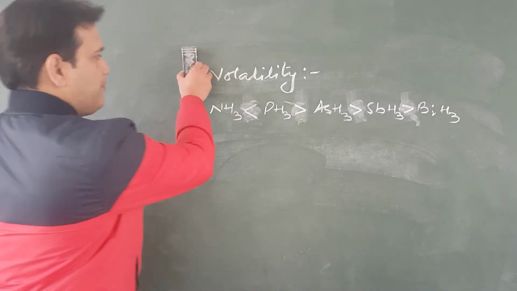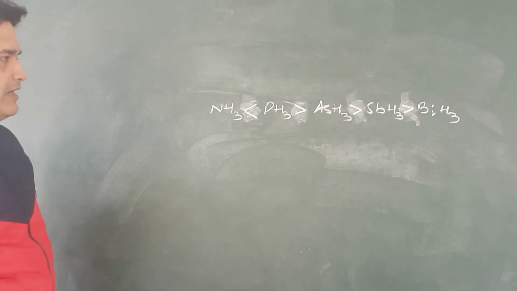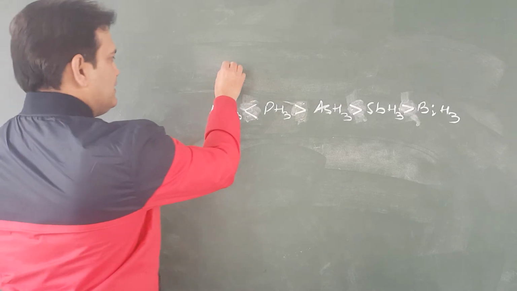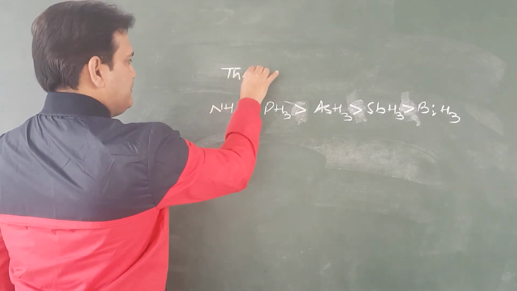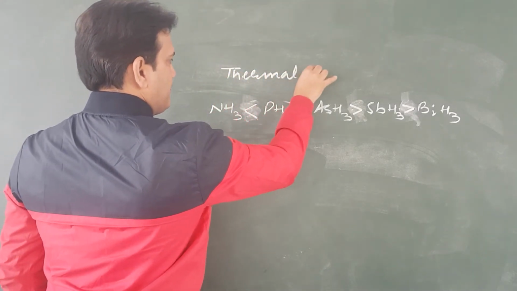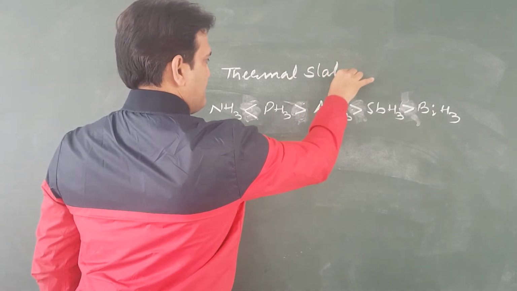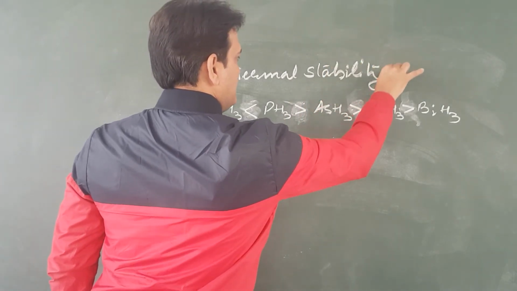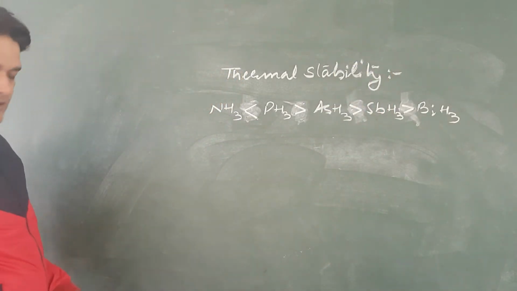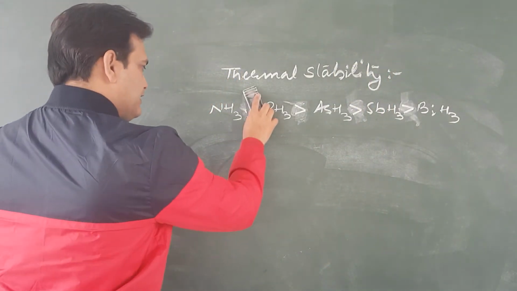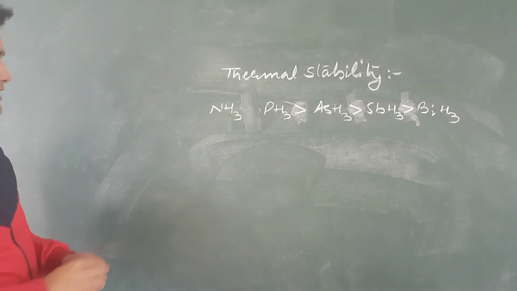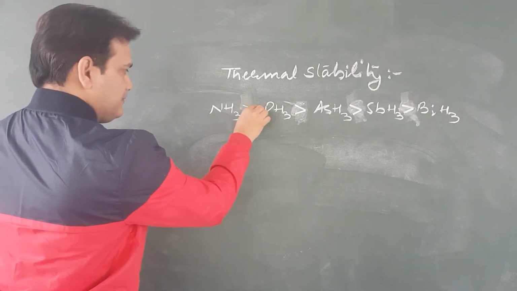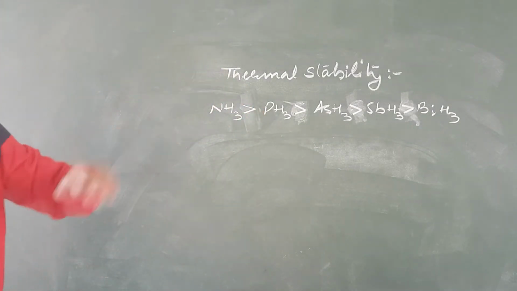Now the new property is thermal stability. Thermal stability decreases down the group. This is the trend.